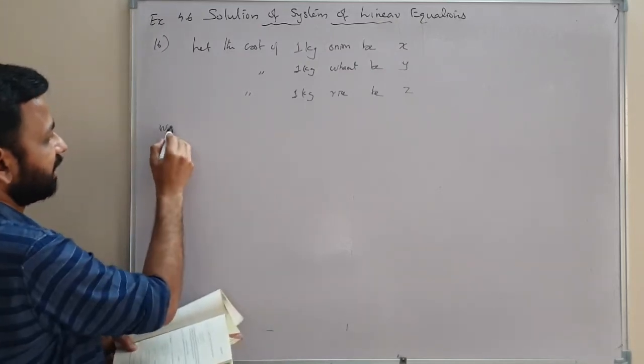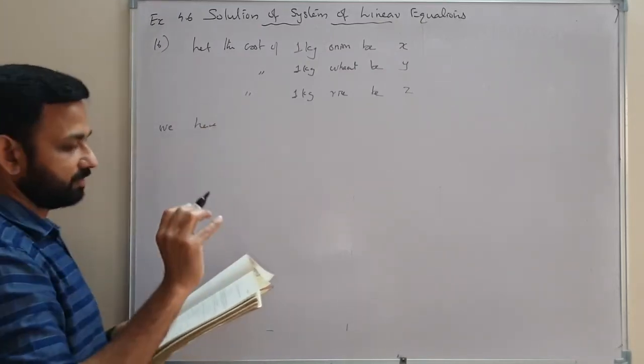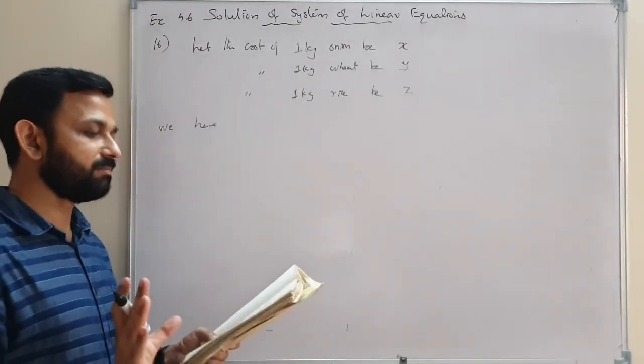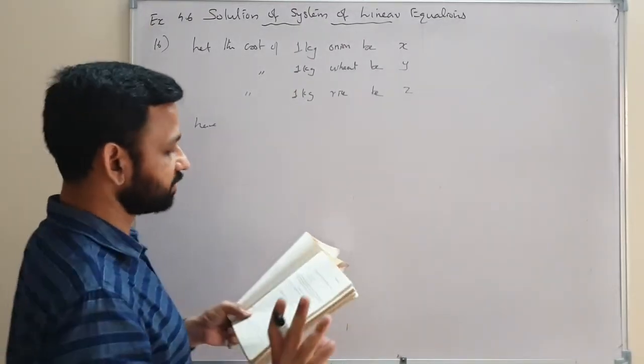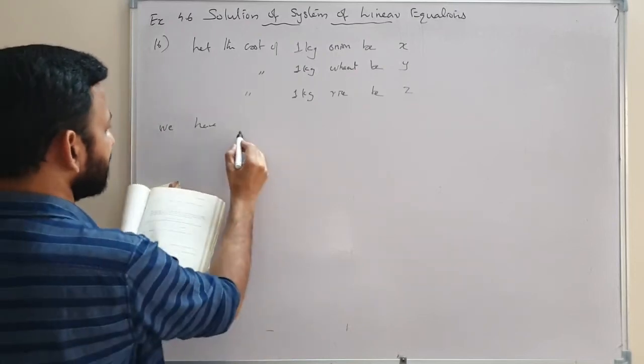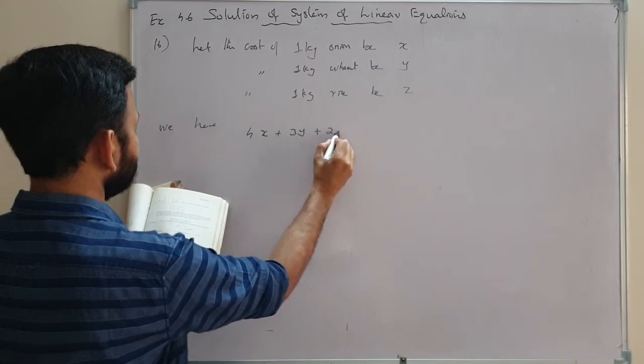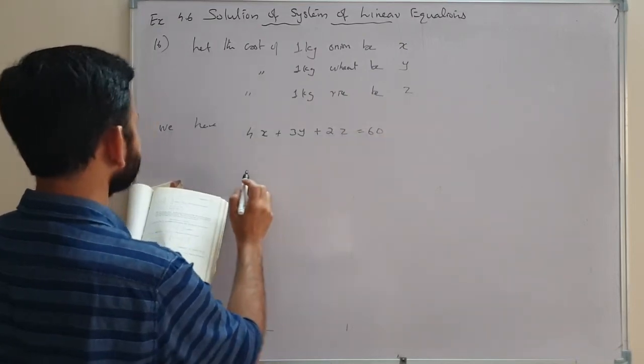Then we can write the equation: 4 kilogram onion plus 3 kilogram wheat plus 2 kilogram rice, total amount is 60 rupees. So the corresponding equation is 4x plus 3y plus 2z equal to 60.